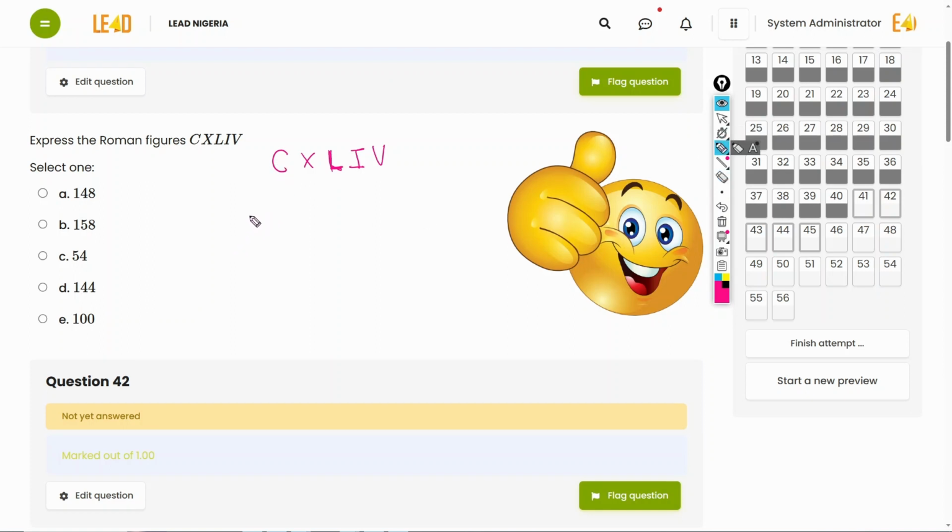That means C has to stand alone because that's the multiple of 100 that I have. XL can stand together because that gives me a multiple of 10. IV alone. So I have 100 plus 40 plus 4, which is 144. That's option D.